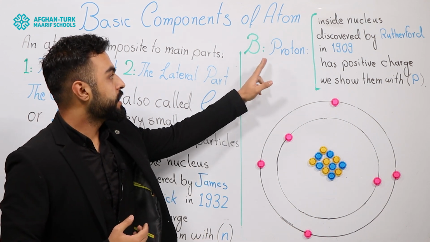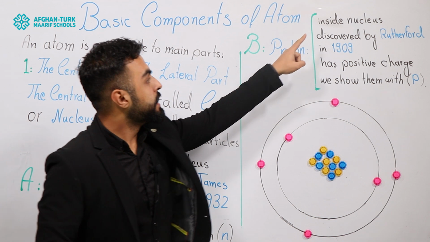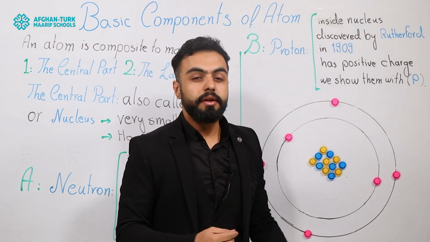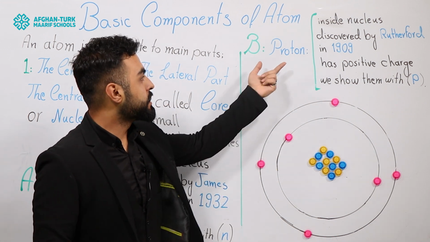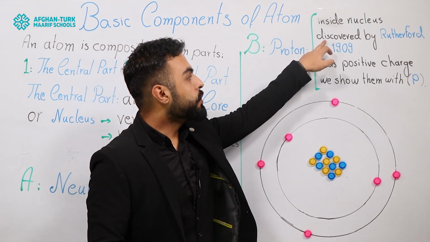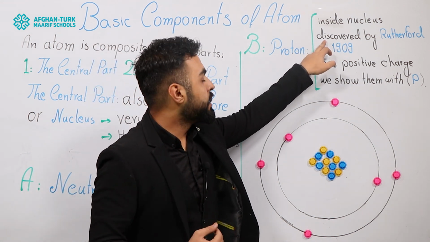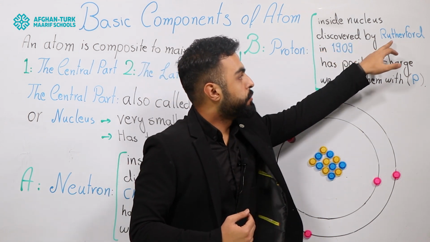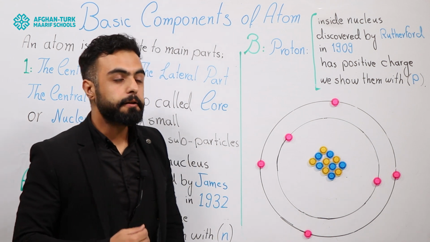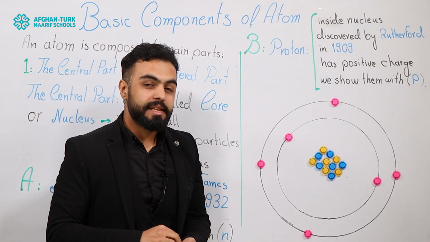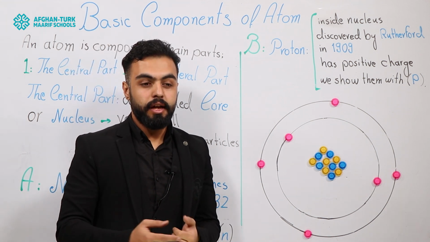The second part is proton. It is also inside nucleus. It is a subparticle which is located inside nucleus. Proton, as we studied in the previous lesson, is discovered by Rutherford in 1909. It has positive charge.